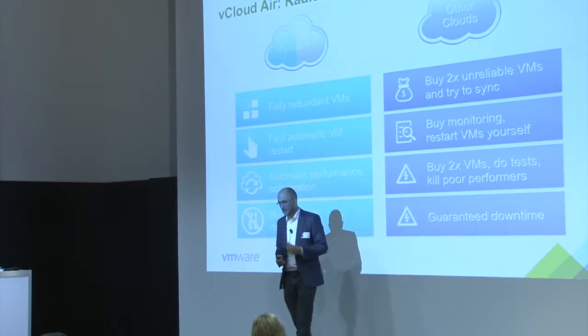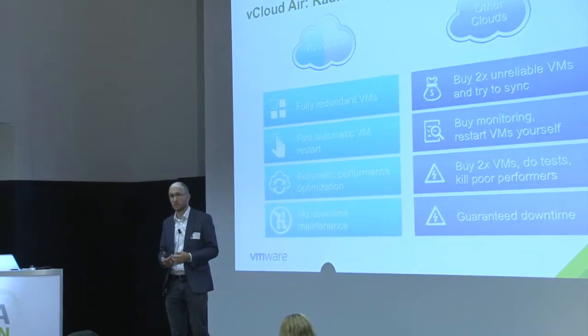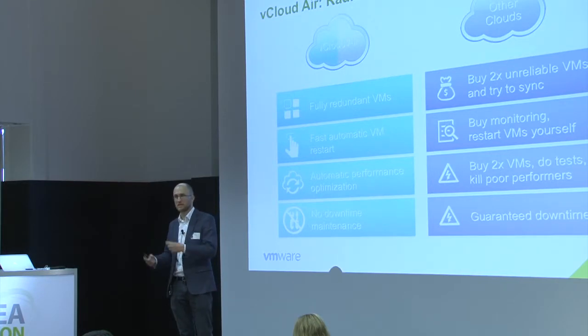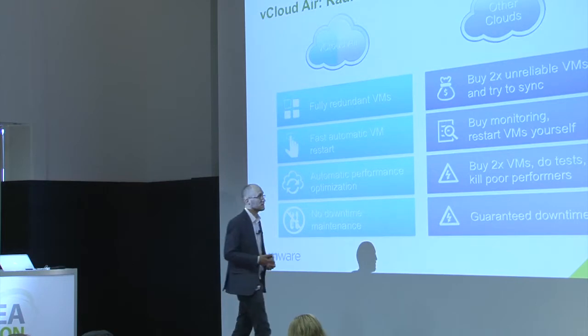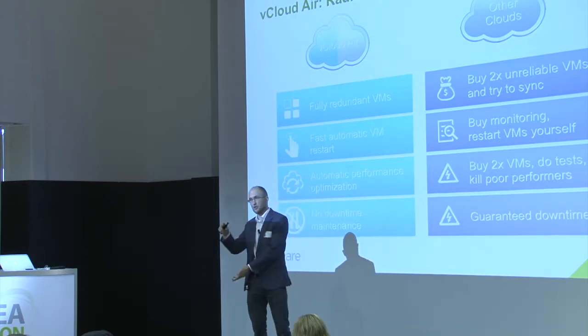It says, if you need reliable performance on Amazon, for example, the best practice is to buy twice the amount of resources that you need. So if you need one virtual machine, you buy two, you run performance tests, and you throw out the one that is performing poorly. That is a general practice for Amazon Web Services. The reason is they build these pods, they pour in virtual machines until it's sort of full, they start a new pod, and then they start pouring in virtual machines there.